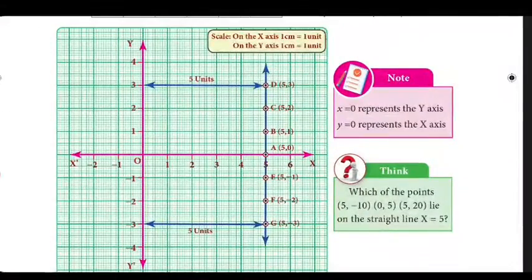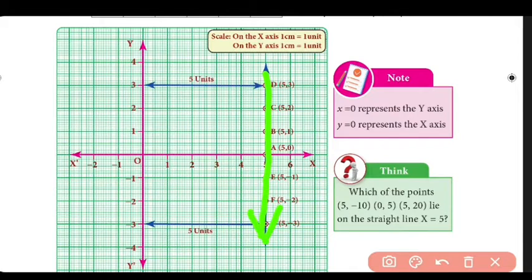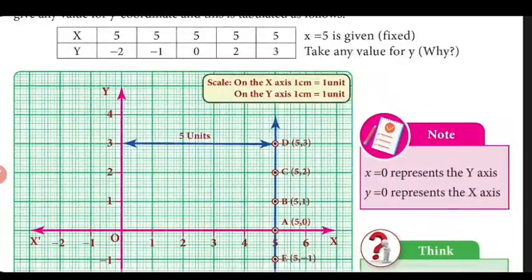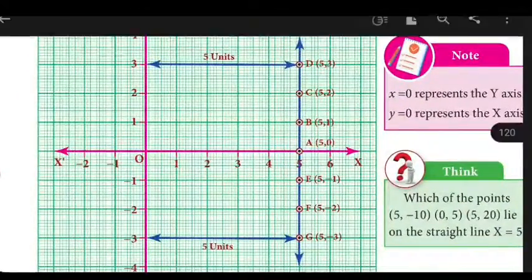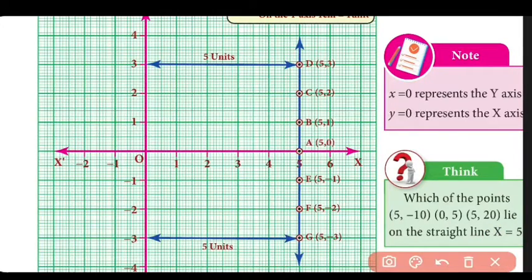Let's see how to draw the graph. In this graph, we assume x value 5, so straightly you draw the line. First, the basics: x-axis and y-axis, x values, y values.